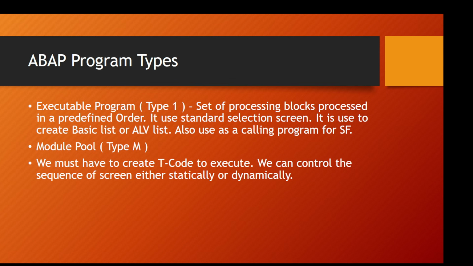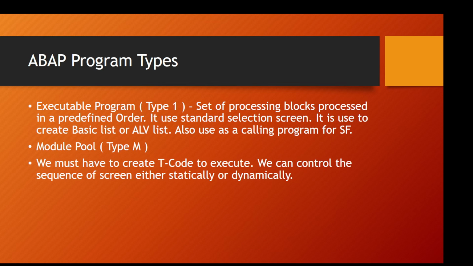Last but not least, it is also used for calling the smart form for displaying formatted reports, because we make our desired data in the executable program type 1, and then we export this data to the smart form, and the smart form displays it in the desired format.